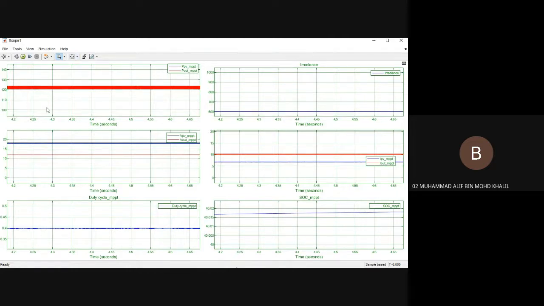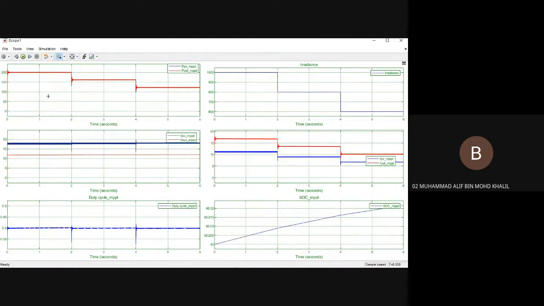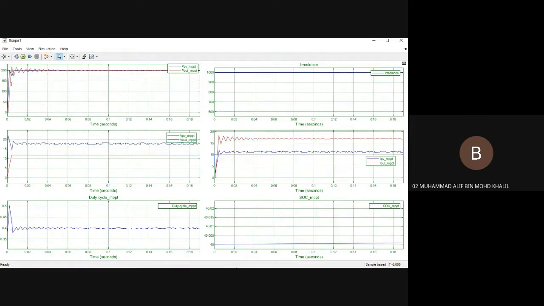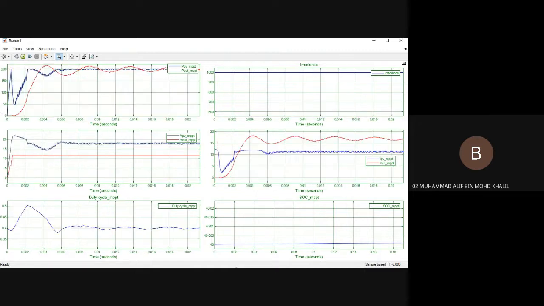So we're gonna study the graph. Okay, as you can see here, the settling time for the PPV, or the power output from the PV module, is around, from this point, we're gonna use the ruler.